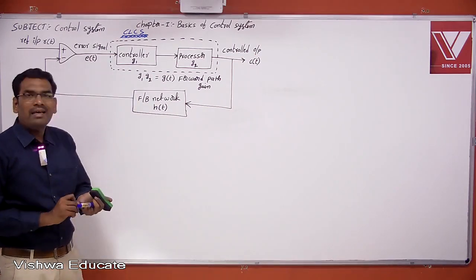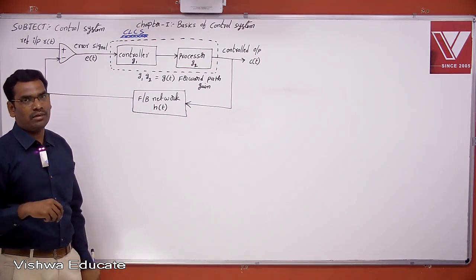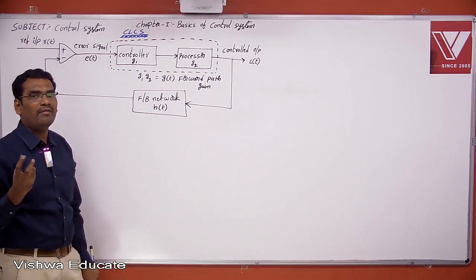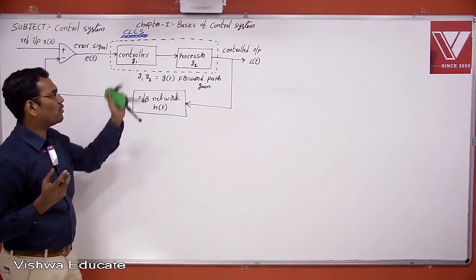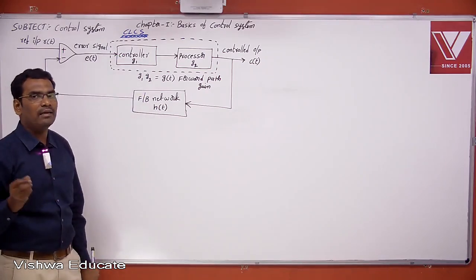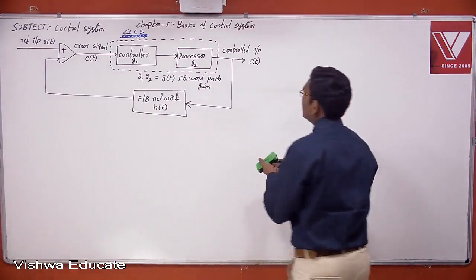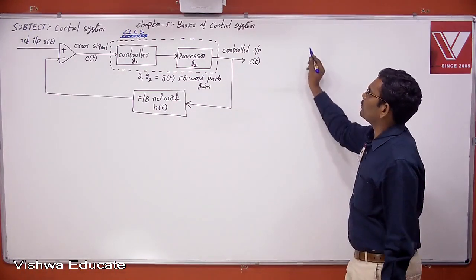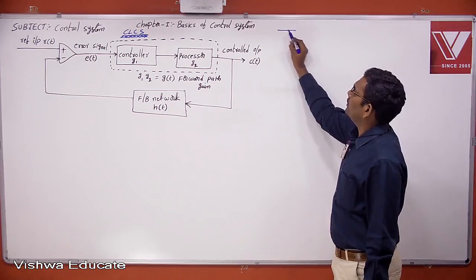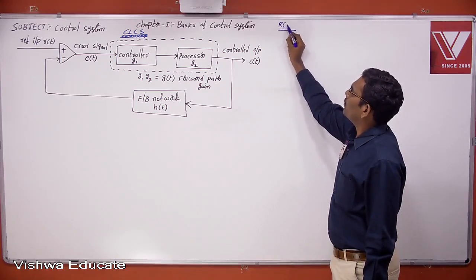Now we know this is the block diagram of closed loop control system, but now we want a mathematical equivalent model. What is the mathematical equivalent model of this closed loop control system, which we can identify by applying the transfer function? Now see the difference. The Laplace transformation of r of t is r of s.